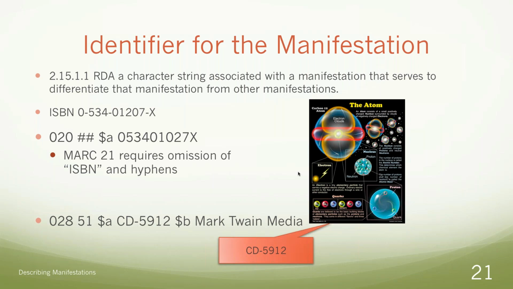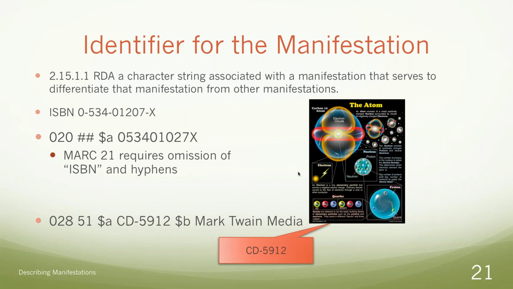So CD5912, that is a type of catalog number, right? So that's a pretty easy one to identify. You may also find, it's unlikely on still images, but of course an ISBN. So if there happens to be an ISBN, which you might find on a set of posters or sheets or something like that on the container, you would give that in a 020 field.